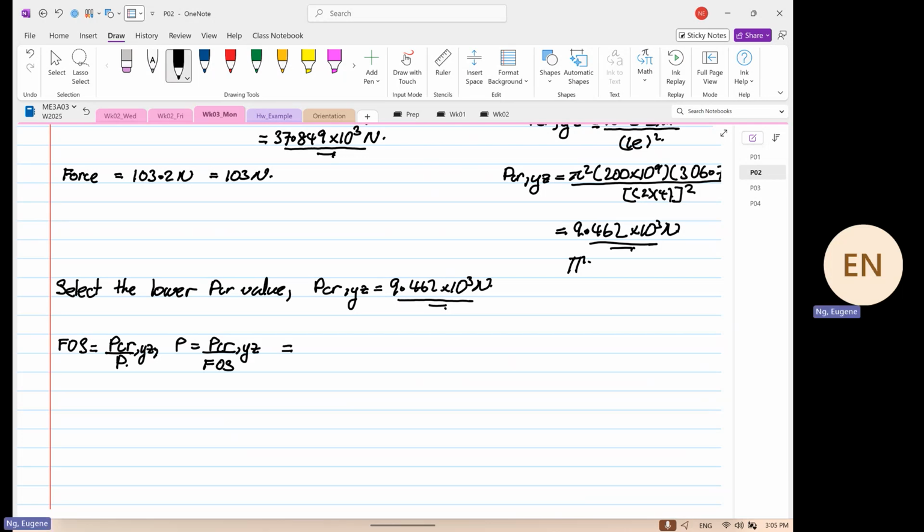So we have 9.462, and then we divide this by the factor of safety, which is given to us as 2.0. So 9.462 times 10 to the power 3 divided by 2 is equal to 4.731 times 10 to the power 3 Newton.